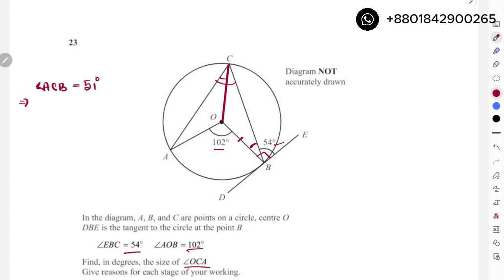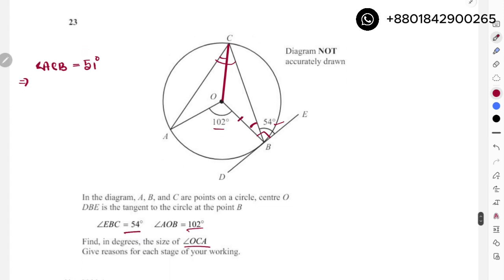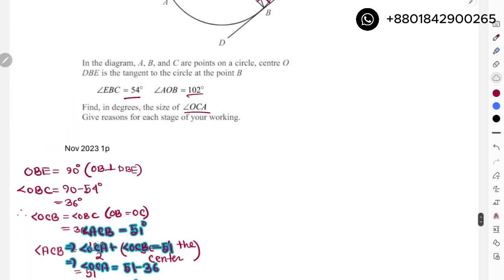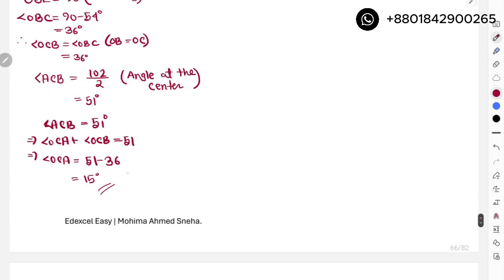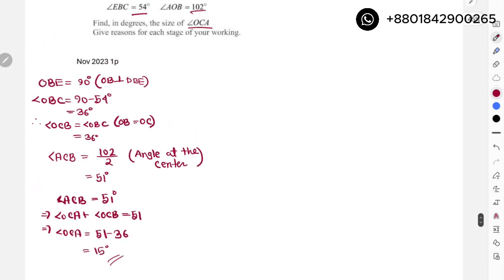This is actually made up of what? Your angle OCA plus your angle OCB. They make the 51, right? So angle OCA is just that 51 minus 36. That leaves you with 15 degrees, and that is your final answer. The angle OCA is just 15 degrees over here. That's it.